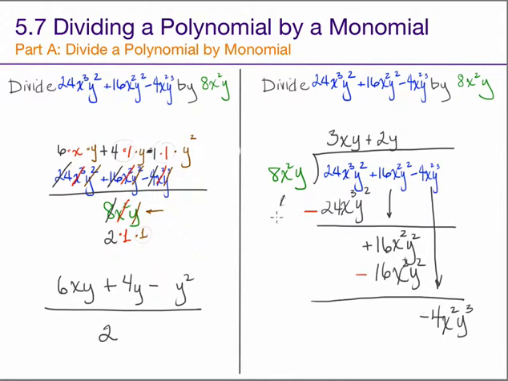How many times does 8x squared y go into negative 4x squared y cubed? Well, what do I need to multiply by 8x squared y to get negative 4x squared y cubed? What do I need to multiply by 8 to get 4? This is tricky. It's a half. And don't worry, I'm using this example because it's in the textbook. Even though they don't do it this way, I wanted you to see that you could still do it this way. I won't give you long division problems where you get a fraction up here.